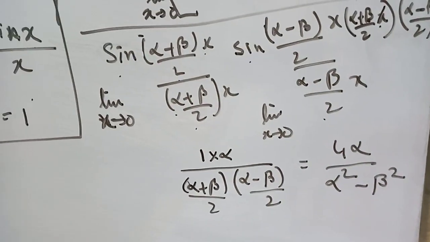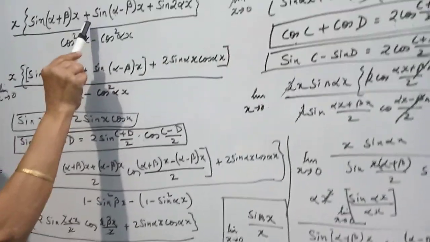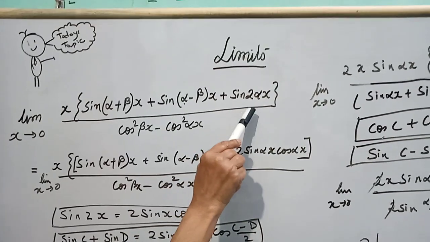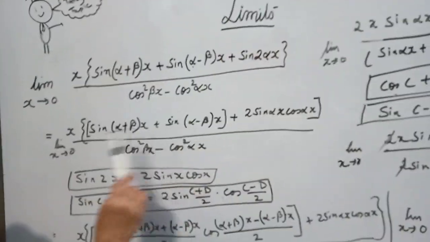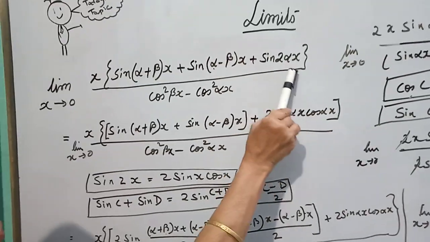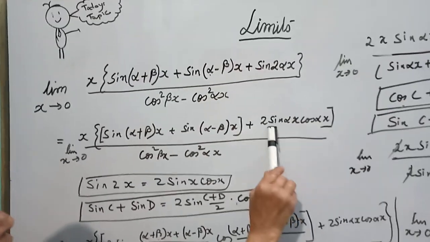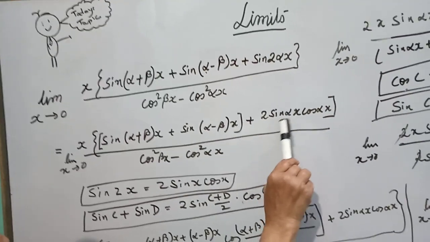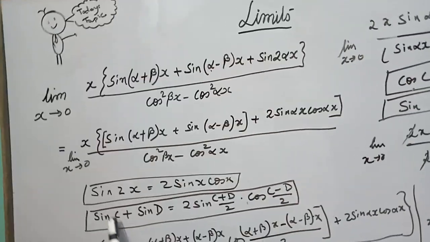So students, this is one of the important questions: x sin alpha plus beta into x, sin alpha minus beta into x, plus sin 2 alpha x. First, what will you do? You break sin 2 alpha x with the simple trigonometric formula, 2 sin alpha x into cos alpha x.